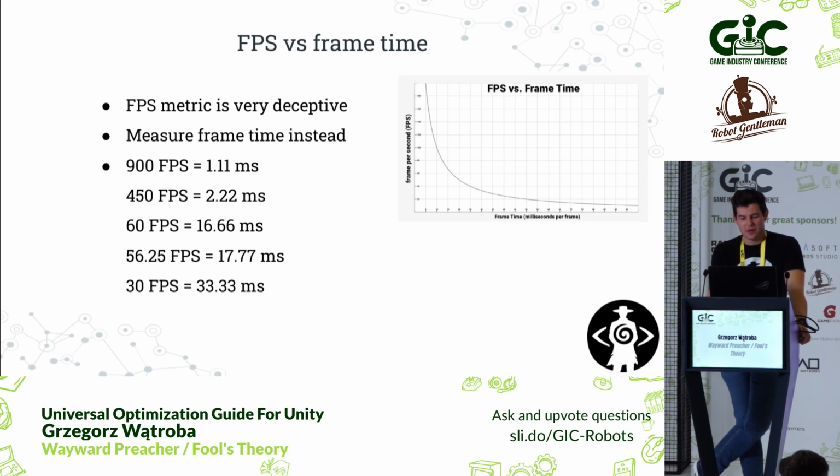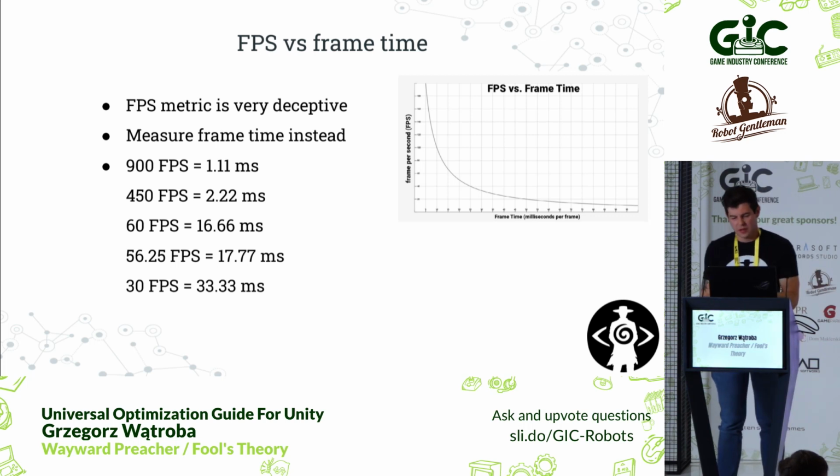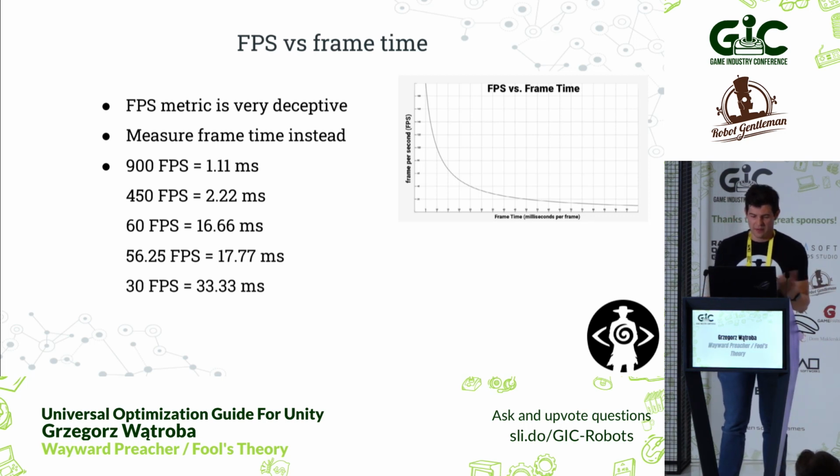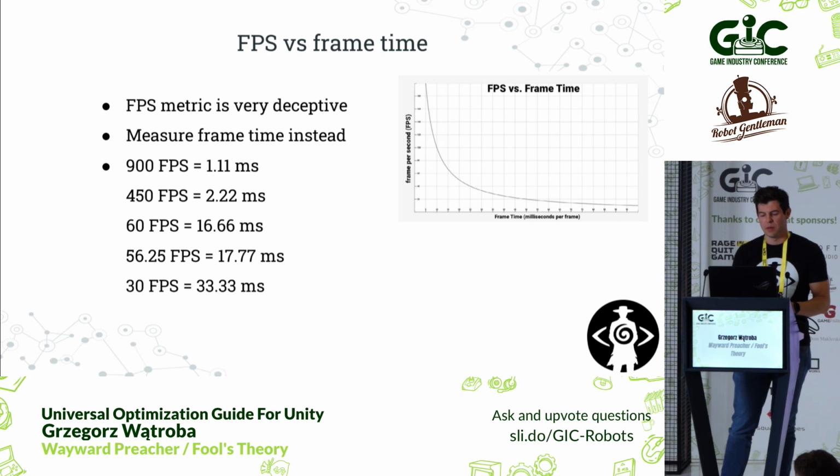If your game is running at 900 FPS, I don't know whether somebody actually achieved that, but still, this translates into 1.11 milliseconds per frame. At 450, it's 2.22. And so the difference between those two is only 1.11 milliseconds per frame, even though the frame rate appears to drop by half.